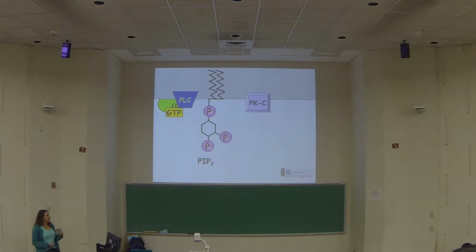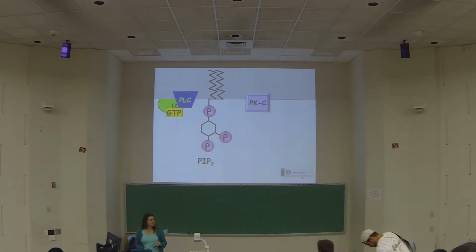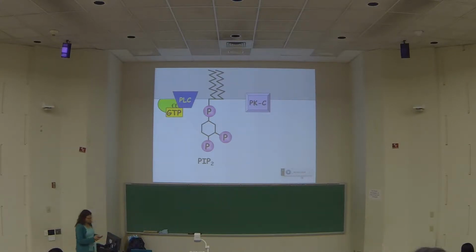And phospholipase C, when activated, interacts with PIP2, phosphatidylinositol 4,5 bisphosphate, which is why we say PIP2. It's a lot easier to say. All right, so that PIP2 is partially embedded in the membrane, but then here is our 3-phosphate group.